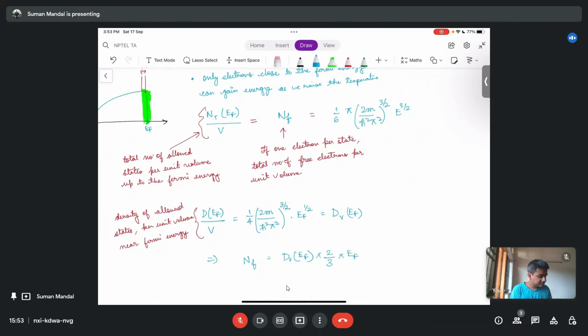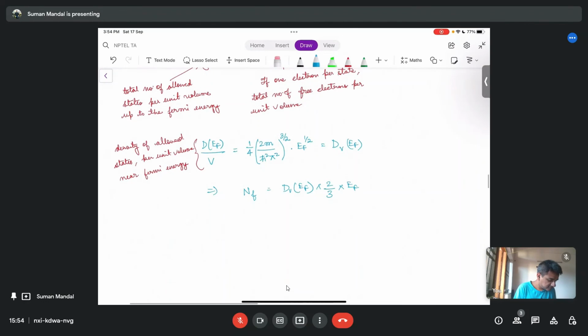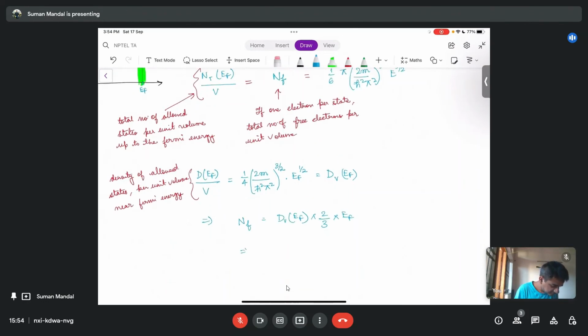Right? I hope I'm doing right. So basically, the density of states near EF is equal to 3 by 2 NF by EF.